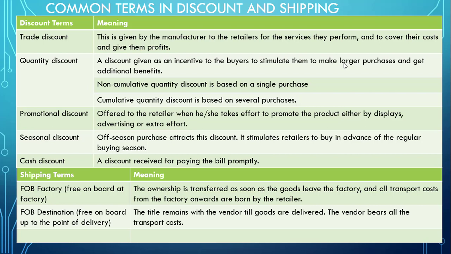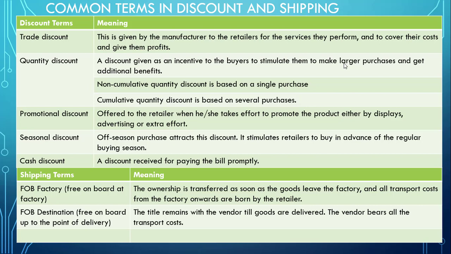When you reach a certain mileage, Sheba Miles provides you with discounts or free mileage. So it is known as cumulative quantity discount. In this case, the retailers purchase not only one time but repeatedly, and they accumulate points. When the purchases reach a certain point, you are provided with discounts. But in non-cumulative quantity discount, it is only when you purchase one time. This is the difference between non-cumulative and cumulative quantity discount.